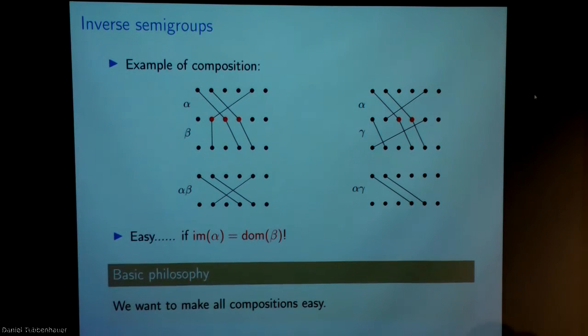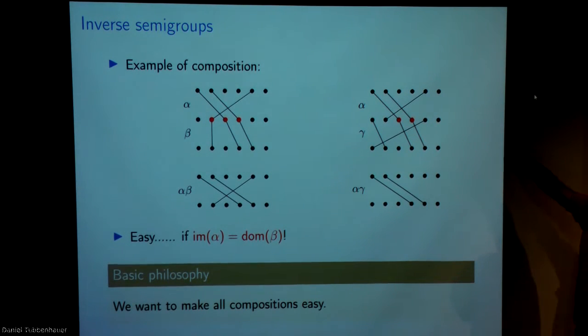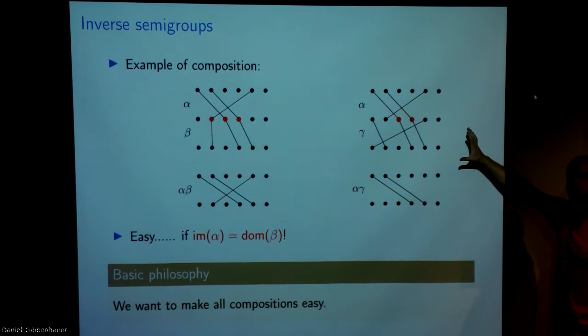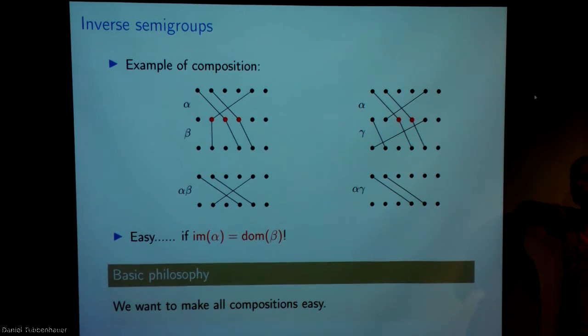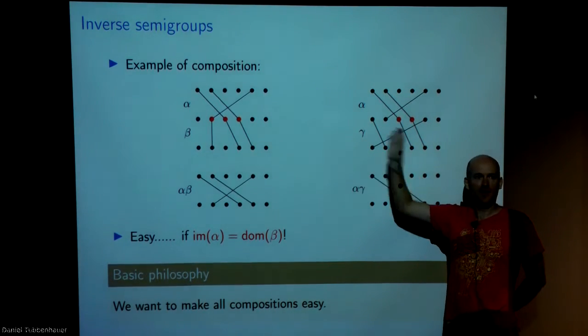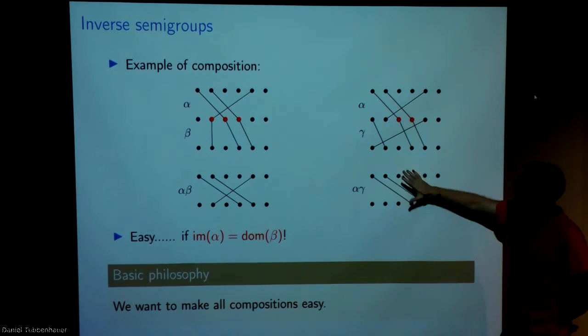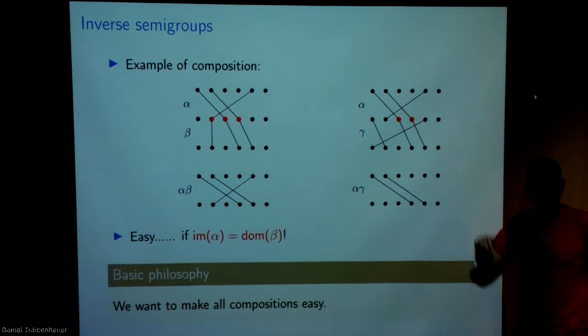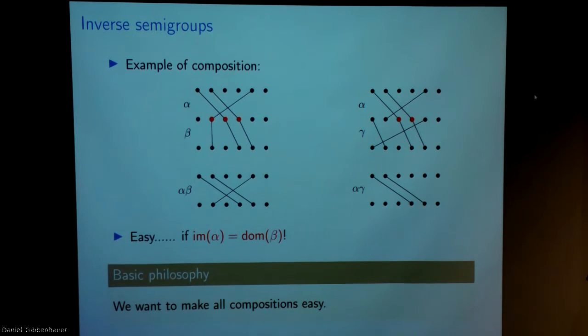Okay. And although, like I said, this is not super hard, the very basic philosophy behind this ESN theorem is that somehow you want to only know how to do the easy things and see this and try and turn it into an easy thing. So it's not hard to make this easy.